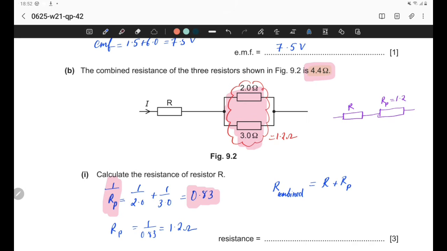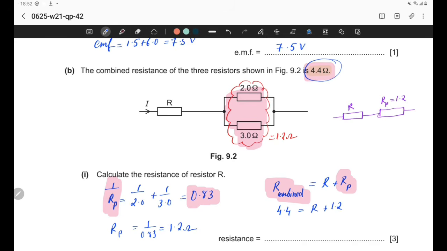The R combined value is given, and R parallel also we have calculated. We can substitute these values. So the combined resistance is already given, that is 4.4, which must be equal to the unknown resistor plus the combined resistance of the parallel combination, that is 1.2.